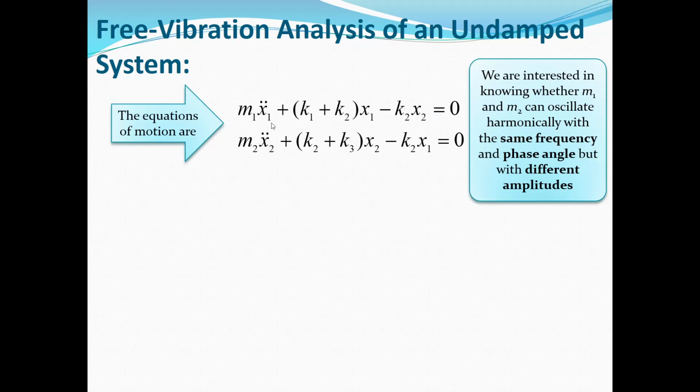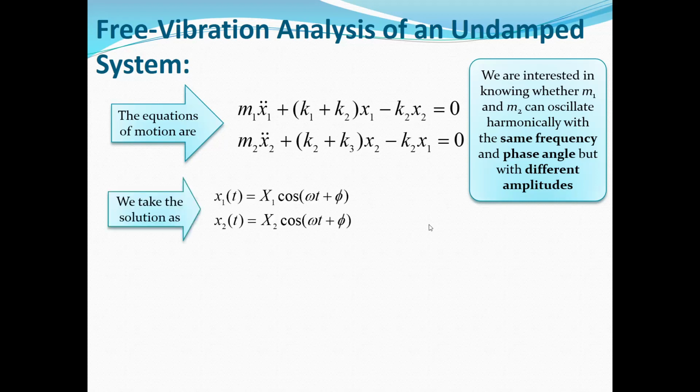So for this purpose, we predict x1 and x2, and we want to investigate whether these masses can vibrate harmonically with the same frequency and same phase angle, but with different amplitudes. So we assume two responses with the same frequency and same phase angle, but with different amplitudes.